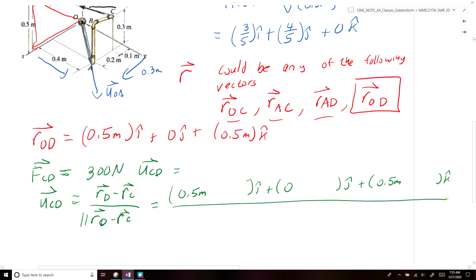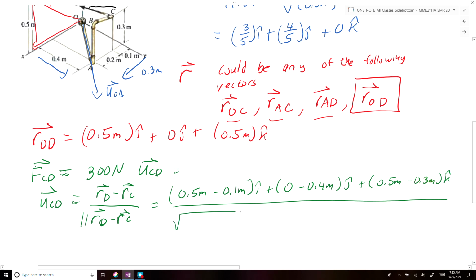And then R_C is equal to 0.1 meters in the x direction, 0.4 meters in the y direction, and 0.3 meters in the z direction.